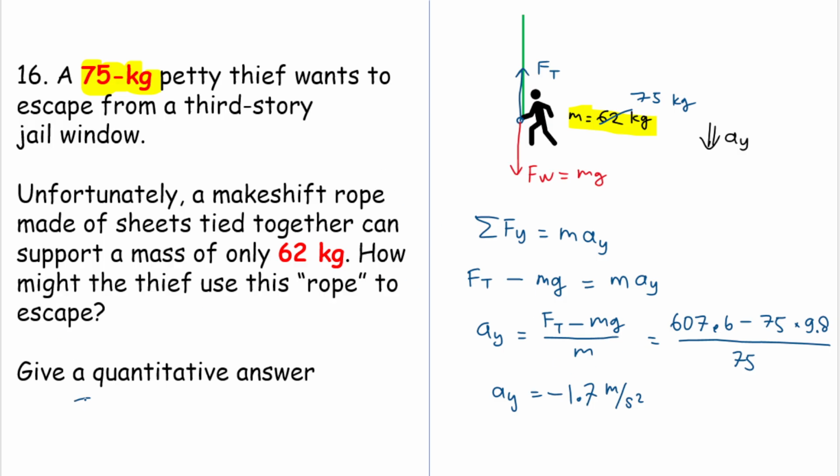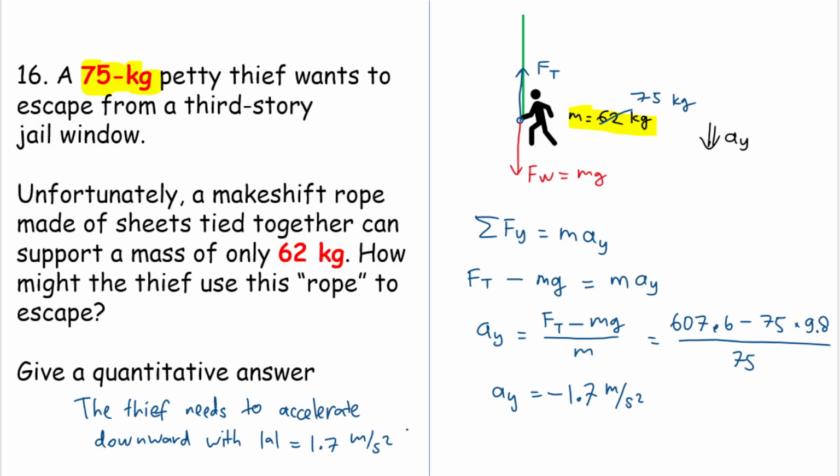So the thief needs to accelerate downwards with a magnitude of 1.7 meters per second squared, and that is how he can use the rope.